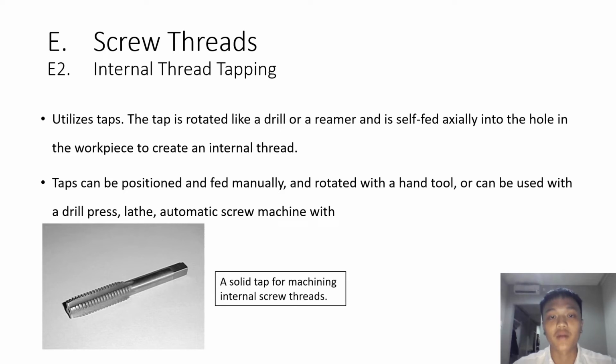Taps can be positioned and fed manually and rotated with a hand tool, or can be used with a drill press, lathe, automatic screw machine with a tapping attachment, or a special tapping machine. And this is a solid tap for machining internal screw threads.